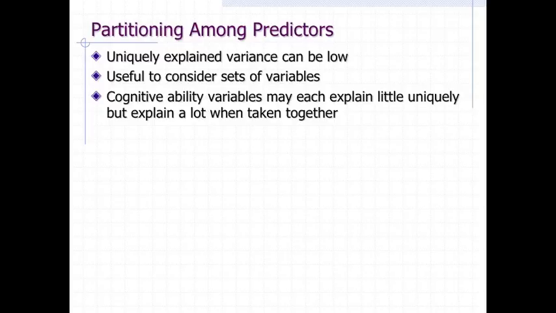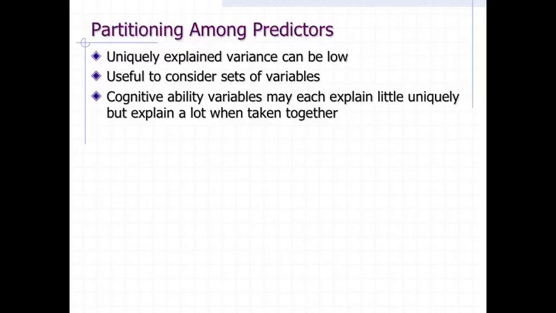For example, assume you are interested in predicting job performance from a large number of variables, some of which reflected cognitive ability. It is likely that these measures of cognitive ability would be highly correlated among themselves, and therefore no one of them would explain much of the variance independently of the other variables. However, you could avoid this problem by determining the proportion of variance explained by all the cognitive ability variables considered together as a set.